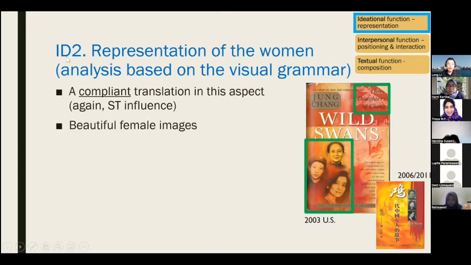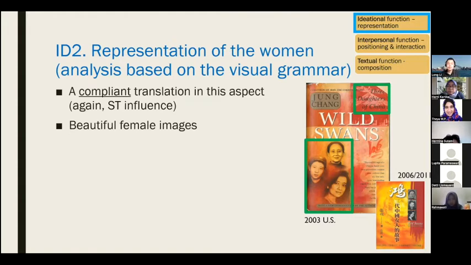But when it comes to the visual representation, we may say that these are beautiful female images. Of course, beauty is in the eye of the beholder, but we can refer to more objectively measurable aspects, such as the balanced proportionality of the face and the airbrush quality of the skin.